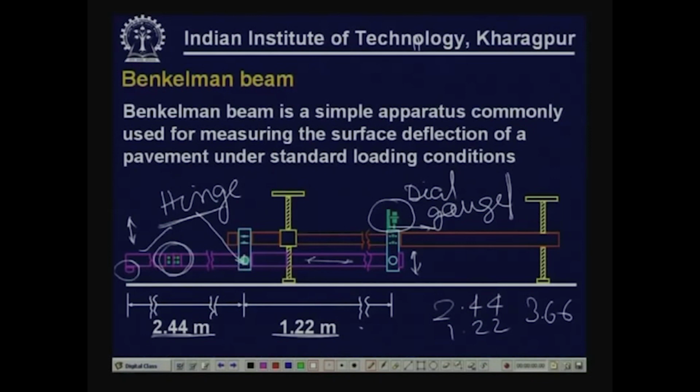You can see the ratio is 2:1. Therefore, if the actual deflection of the pavement, or actual movement of the probe, is say about 2 millimeters, the deflection that would be measured by the dial gauge will be 1 millimeter.